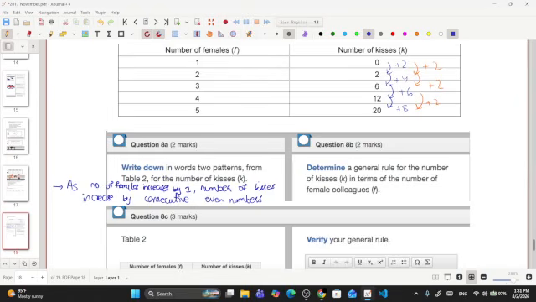Look, 1 multiplied by 0 gives me 0. 2 multiplied by 1 gives me 2. 3 multiplied by 2 gives me 6. 4 multiplied by 3 gives me 12. 5 multiplied by 4 gives you 20. Do you notice the pattern? Right? So we can say that each value of the number of kisses is basically found by multiplying the number of females by the previous integer. This can be the best way to put it.